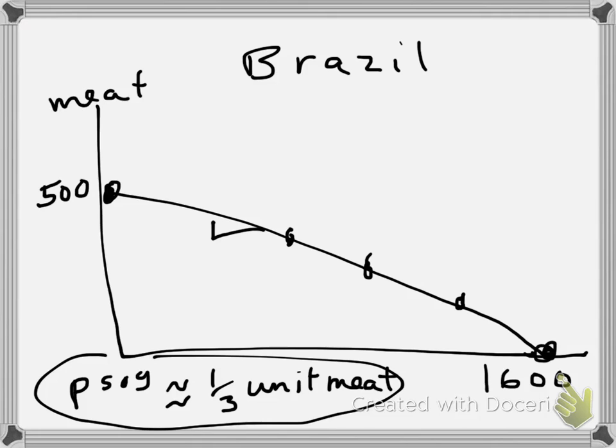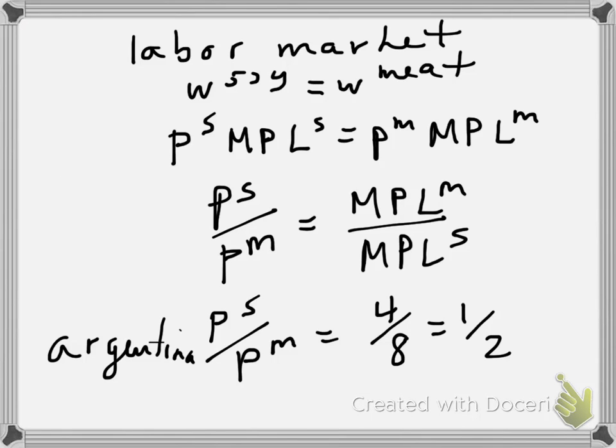Now there's another way to figure out these pre-trade prices or who has comparative advantage, and it's a way that I like to do, and that's to say that in the labor market, the workers have to be indifferent between working in the soy sector and the meat sector if the country is producing both. So the wage has to be the same in the soy sector as in the meat sector.